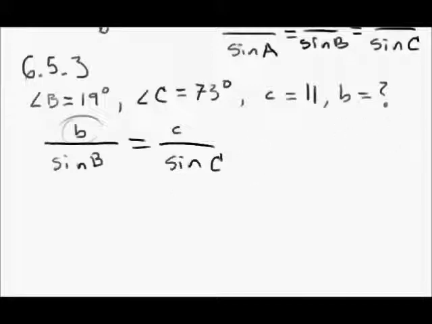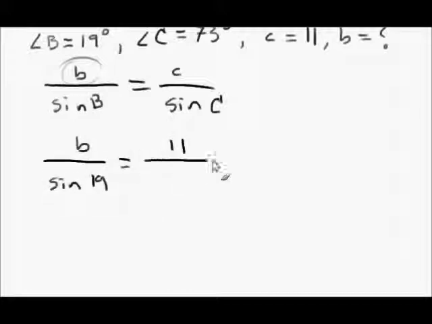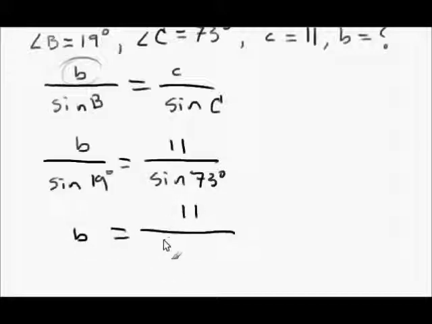So let's plug in the values that we have. B divided by the sine of 19 degrees is equal to 11 divided by the sine of 73 degrees. Now we multiply both sides by the sine of 19 degrees, and we have that B is 11 divided by the sine of 73 degrees times the sine of 19 degrees.